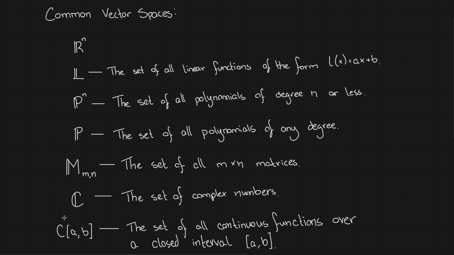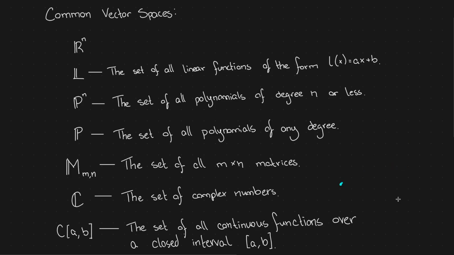So we learned about continuity in calculus, right? A continuous function is a function that, intuitively, you could draw without picking up your pencil. There are no gaps or jumps or holes.